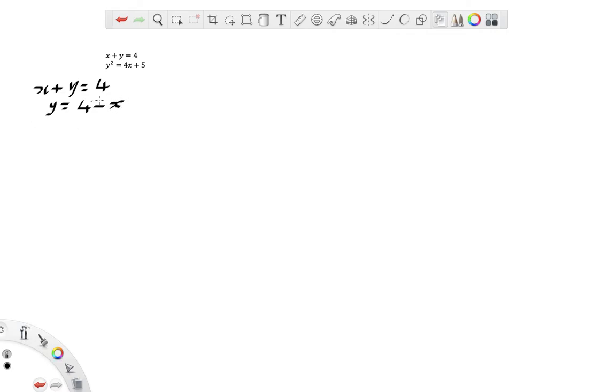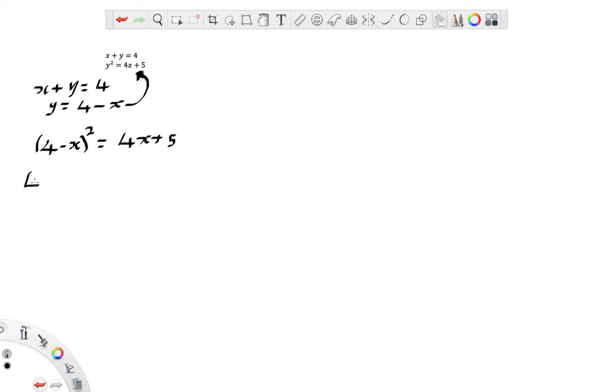Okay, so I can substitute this, I've just found, into this equation. So I'll get 4 minus x. And remember that this is just y. 4 minus x is equal to y, so y squared is that all squared. And that's equal to 4x plus 5.